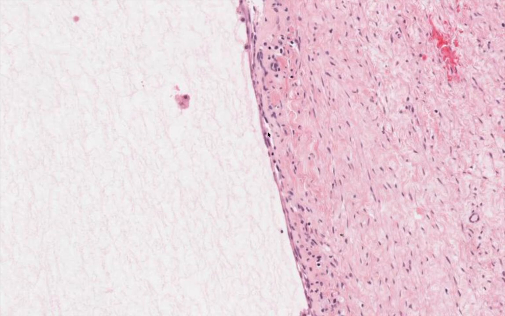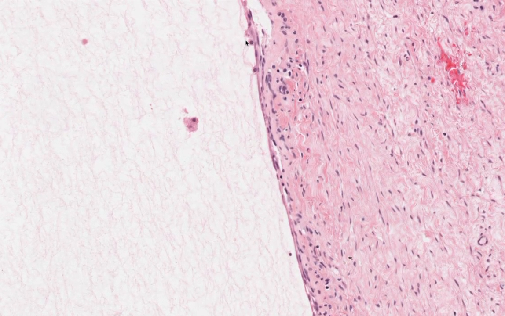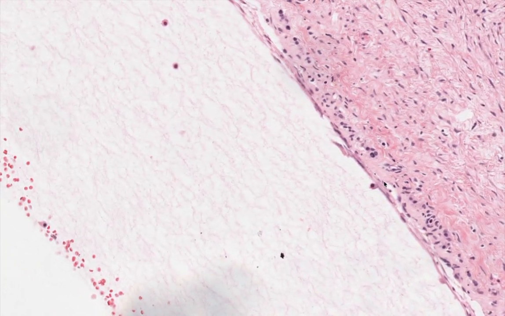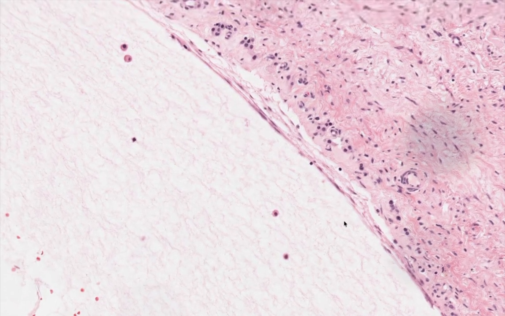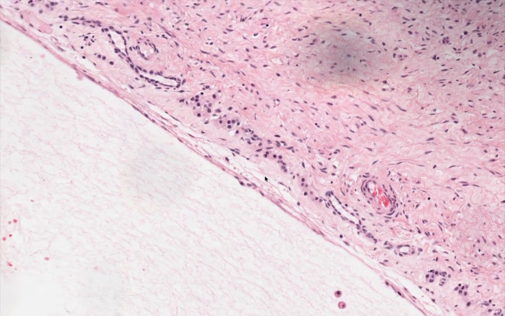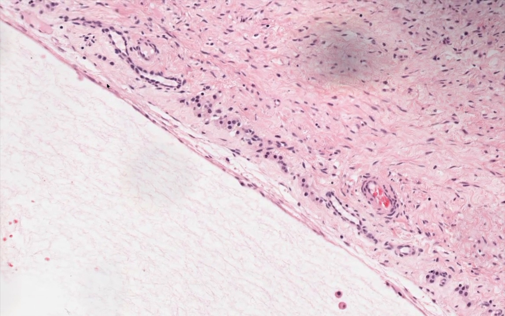This time we have got a cyst, and it is lined by a very flattened layer of cells. Really hard to tell. Sometimes I would sign this out as a simple cyst, but most likely this is probably an old dilated follicle. How do I know this?